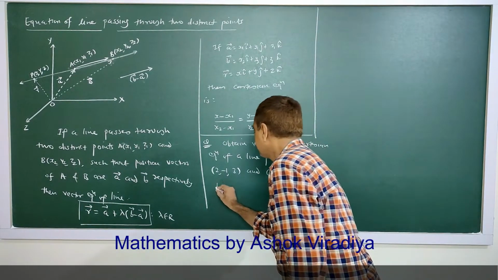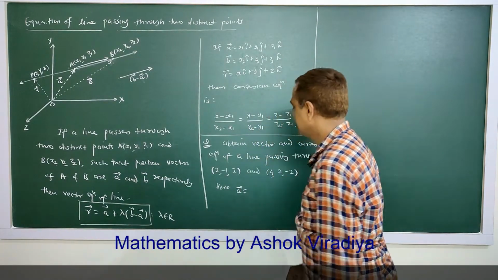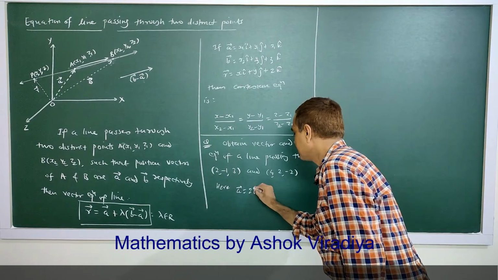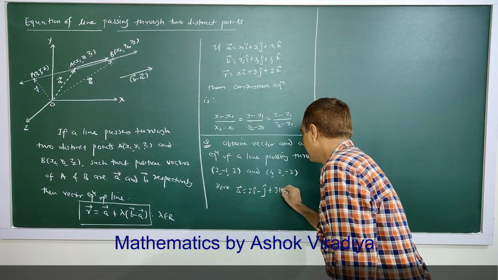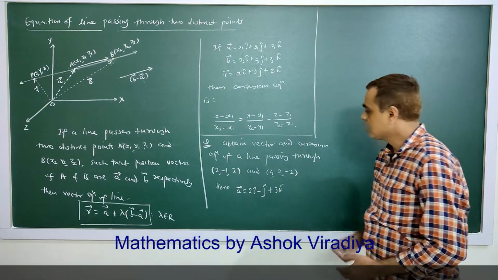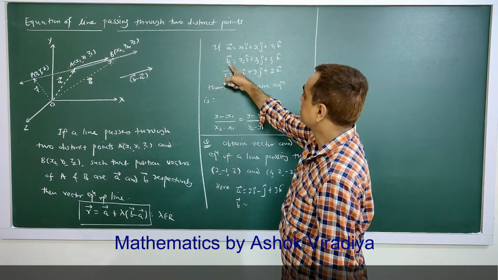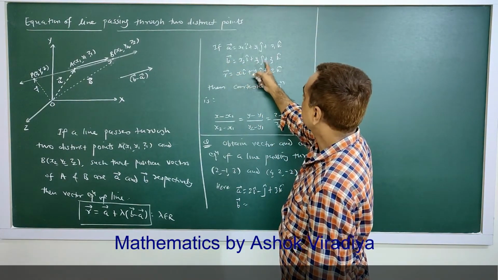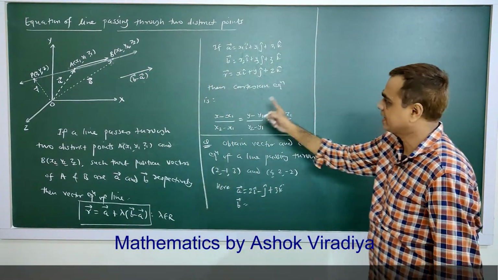So here vector A is 2i minus 1j plus 3k. This is vector A, from these components. Vector B is x2 i, y2 j, z2 k, from these numbers x2, y2, z2, vector b.